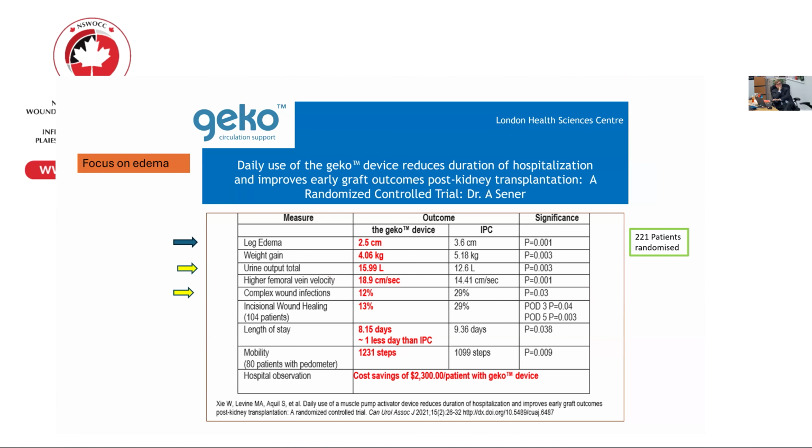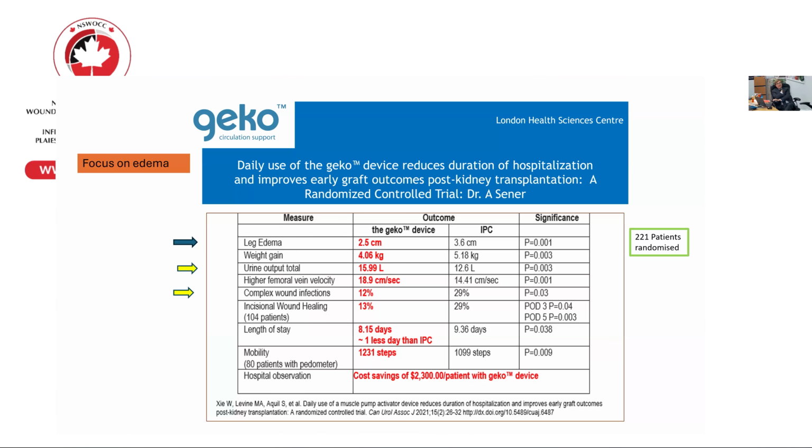Okay, this is the daily use of the Gecko reduces the duration of hospitalization and improves early graft outcomes post-kidney transplantation, a randomized controlled trial. And this trial had over 200 patients involved in it. 221 were randomized.